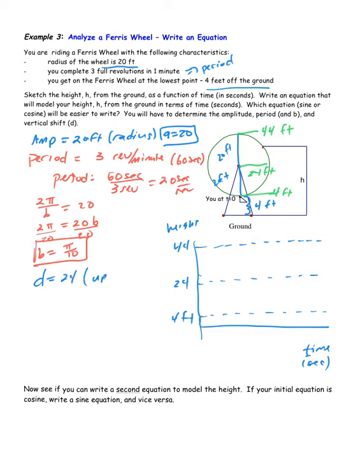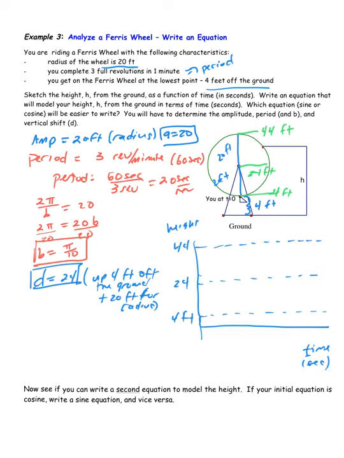We're up 4 feet off the ground plus the radius. So we have a vertical shift up of 24. So we know a, b, and d. And now we want to write an equation for either sine or cosine. We'll see which one's easier.